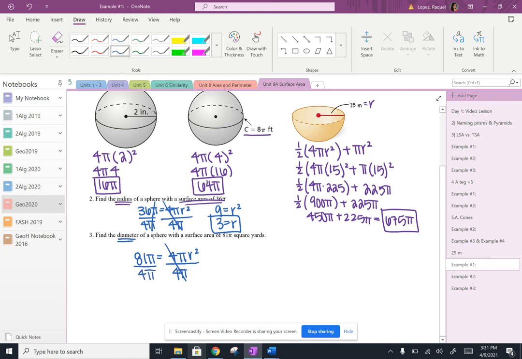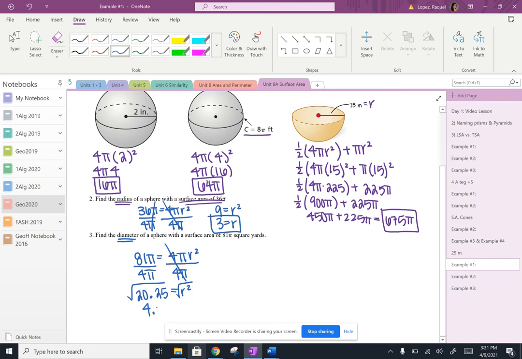And we're going to get 20.25 equals r squared. And then we want to take the square root of both sides to help us figure out what the radius is.